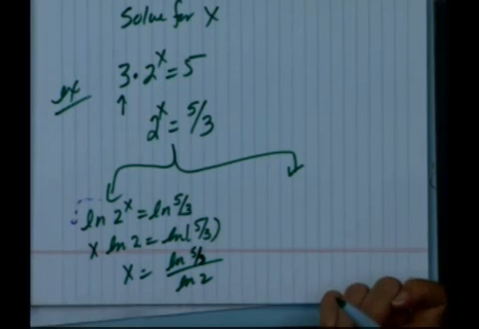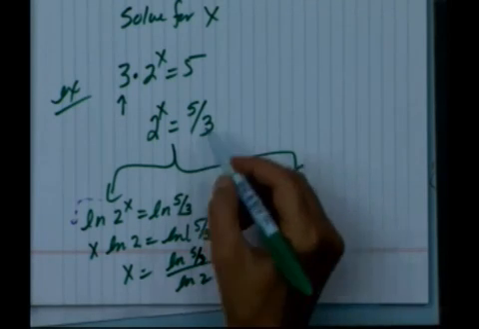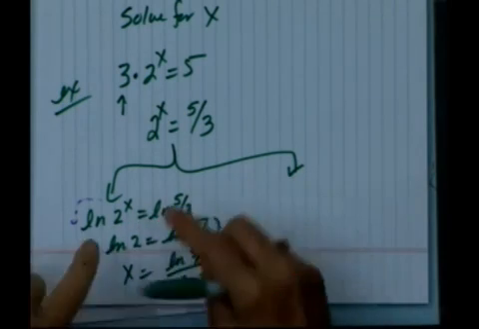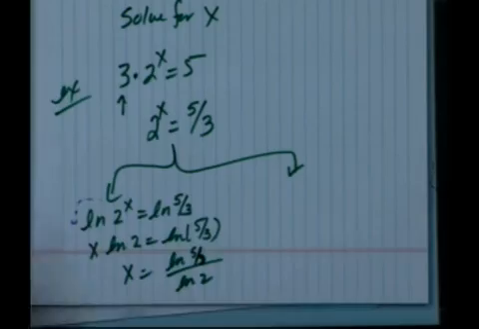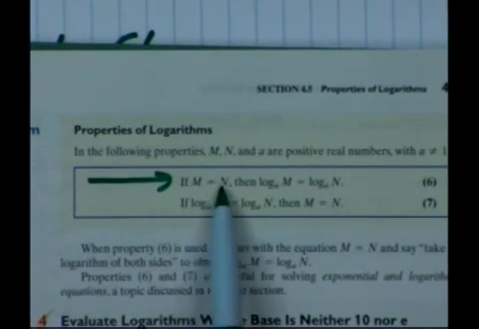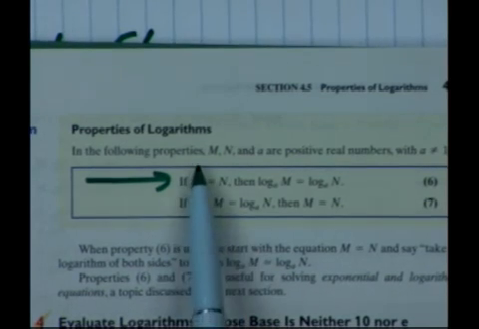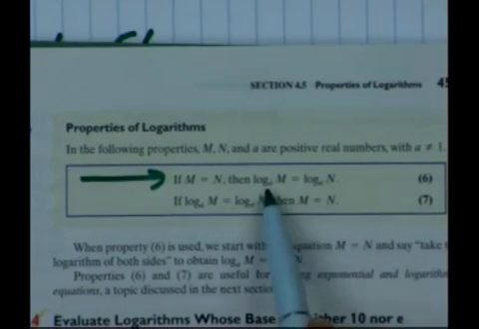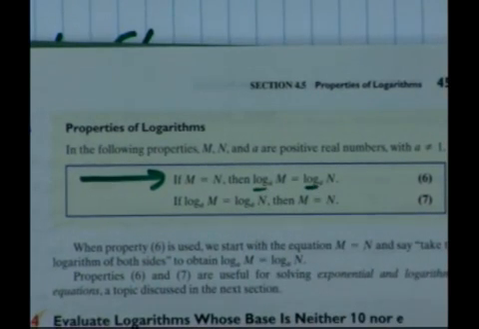You could punch away again in your calculator. Yes? Why did you hit the natural log? Your property says that anytime, this is back on 453, that anytime you have an equation m equal to n, m, n, and a are positive real numbers, then you can take the log of both sides of an equation.